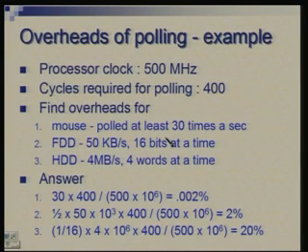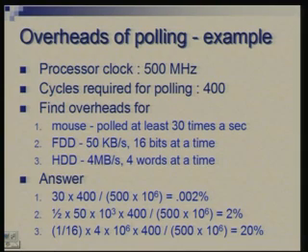Let us look at an example and put some numerical values, and see what would be the implication of such an activity. Suppose there is a processor running at 500 megahertz clock, and every time you need to go and poll and take a decision, suppose it consumes 400 cycles.